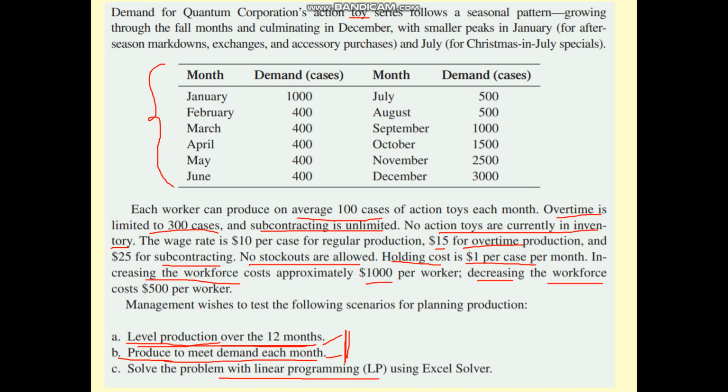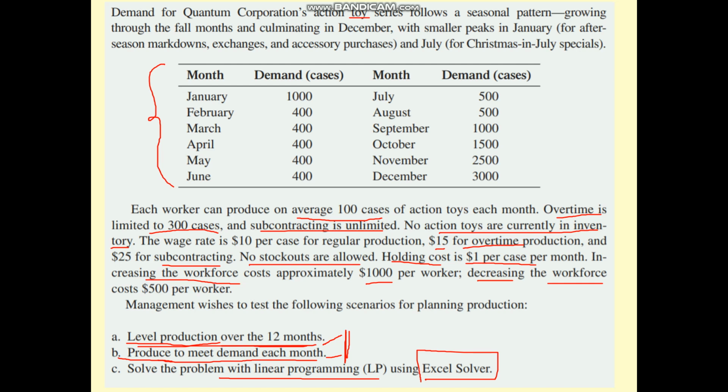Now I will teach you how to solve this problem with linear programming using the Excel solver. We have several ways to solve linear programming. First, we can use Excel solver, or we can use coding like Cplex or Lingo.